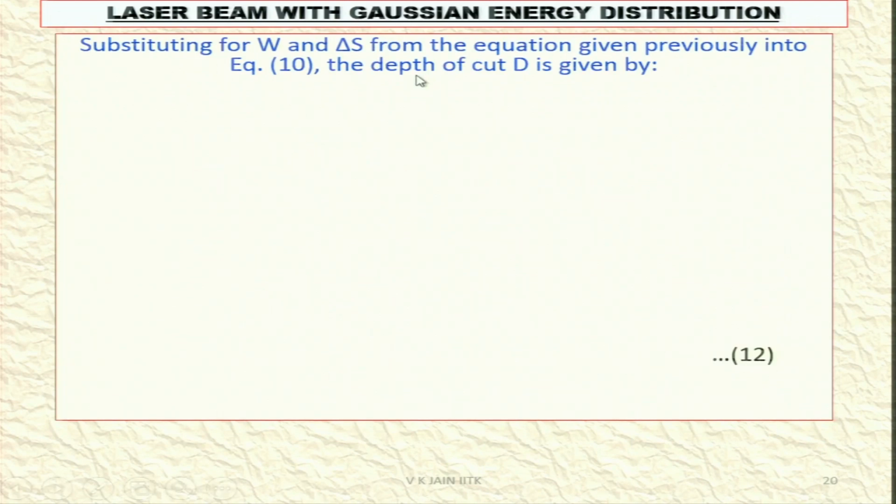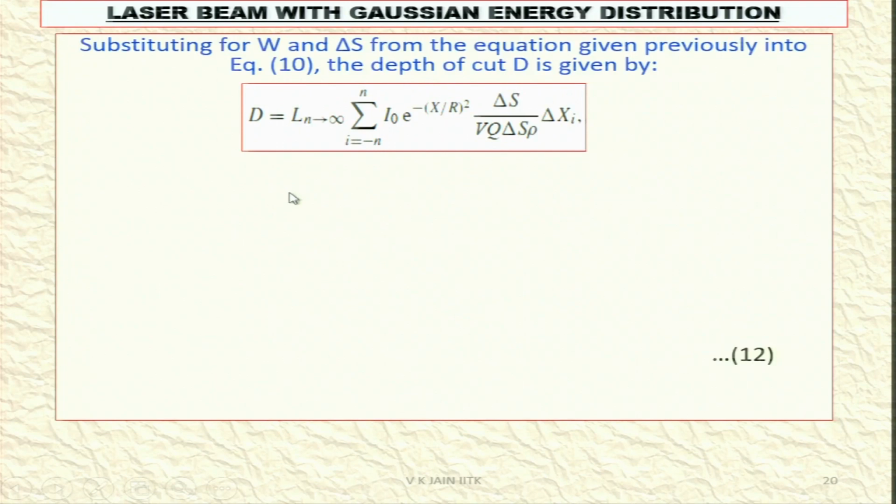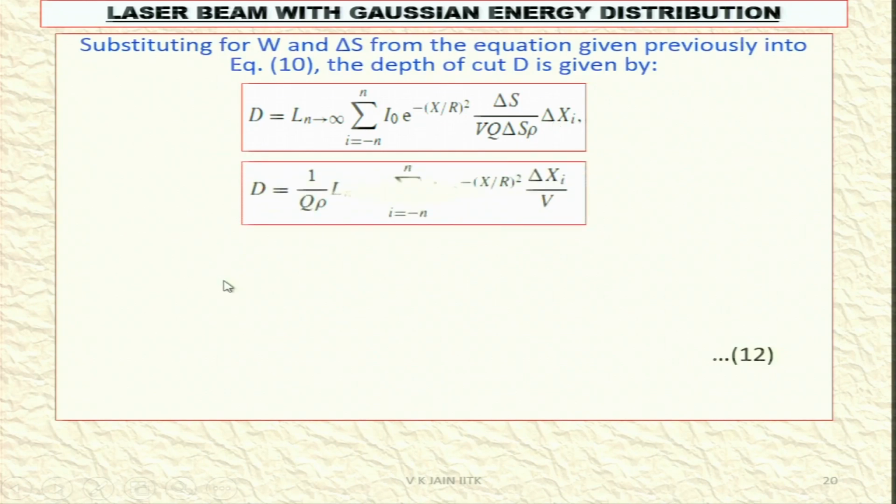Substituting for W and delta S from the equation given previously into equation 10, the depth of cut D is calculated as the limit n tending to infinity of I0 e raised to power minus (x over r) whole square, delta S over V Q delta S rho into delta Xi. You can simplify this and you will get this particular equation.